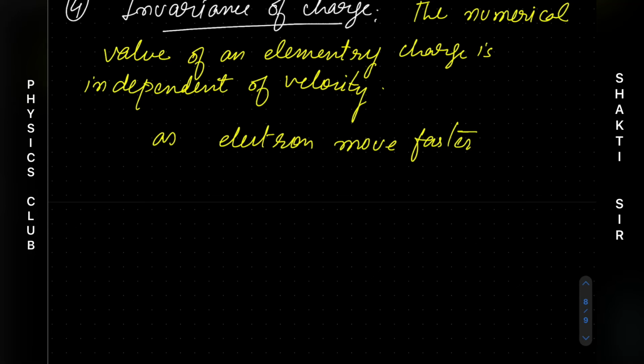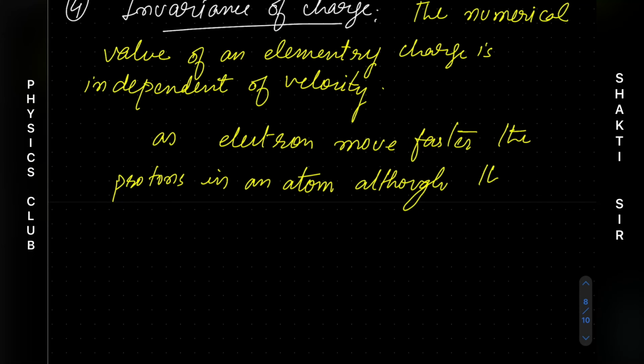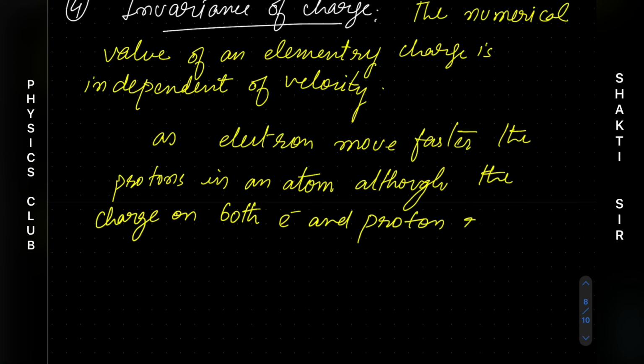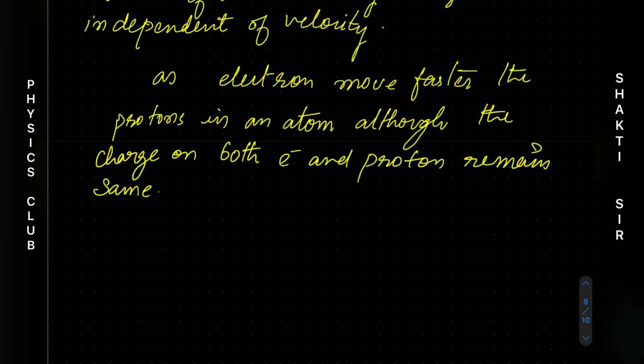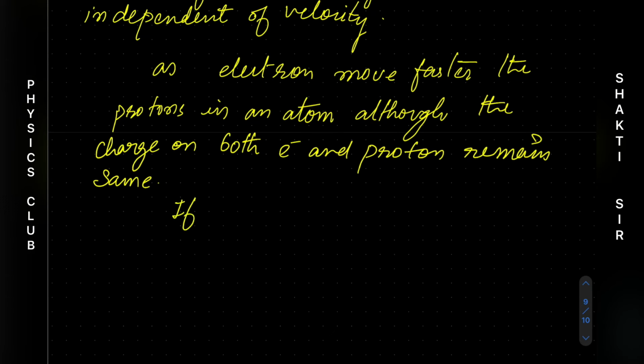As we know, in an atom, the electron is lighter in mass as compared to proton, but both have the same magnitude of charge. But the electron moves faster as compared to the proton in an atom. As the electron moves faster, it means that the electron has more velocity as compared to the proton, but still both have equal magnitude of electric charge.